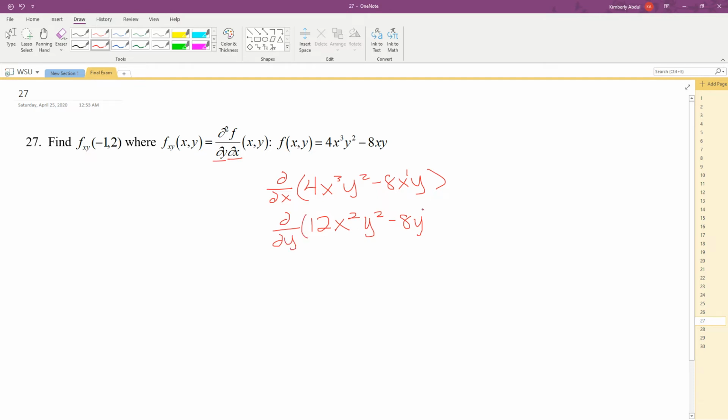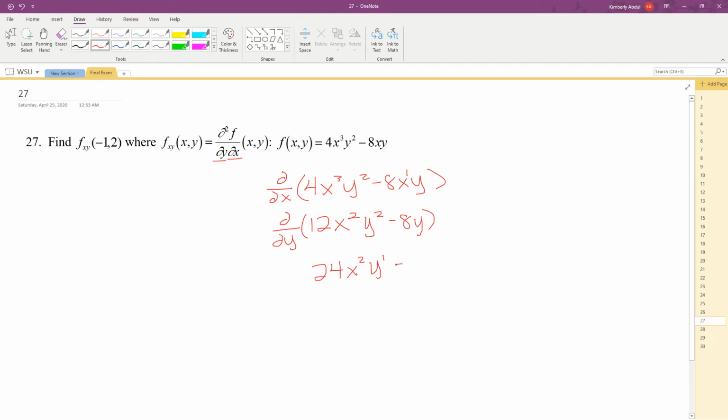Now I'm going to do the same thing, except for this time, I'm going to take the partial derivative with respect to y, and I'm going to hold the x's constant. So here I'm going to take the coefficient and multiply it by the exponent of y. So that's going to be 24x squared, and then I'm going to decrease the exponent of y by 1, and I'm going to just hold the x's constant here.